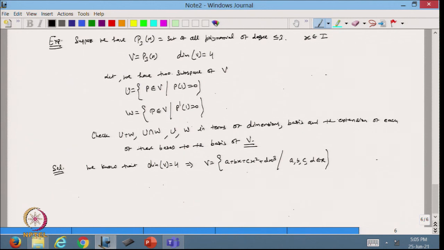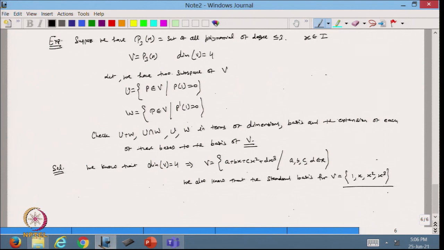So it is the space of all these polynomials, and we also know that the standard basis for V is 1, x, x square and x cube. So this is the standard basis for the set of polynomials of degree less than or equal to 3, and it has 4 elements. So we know that its dimension will be 4.